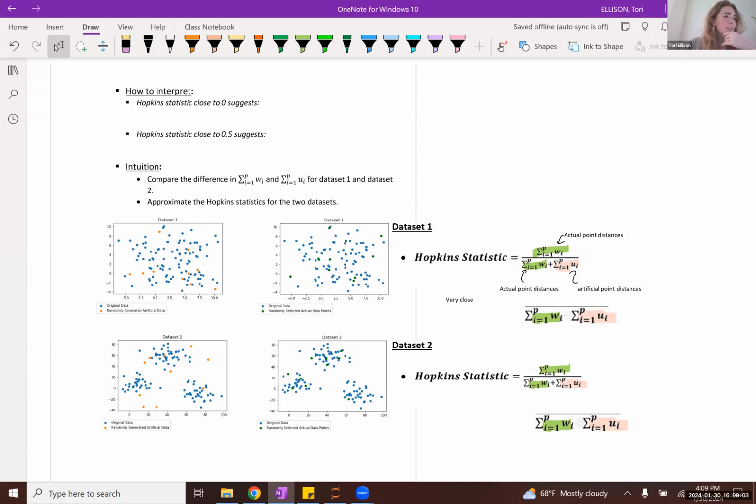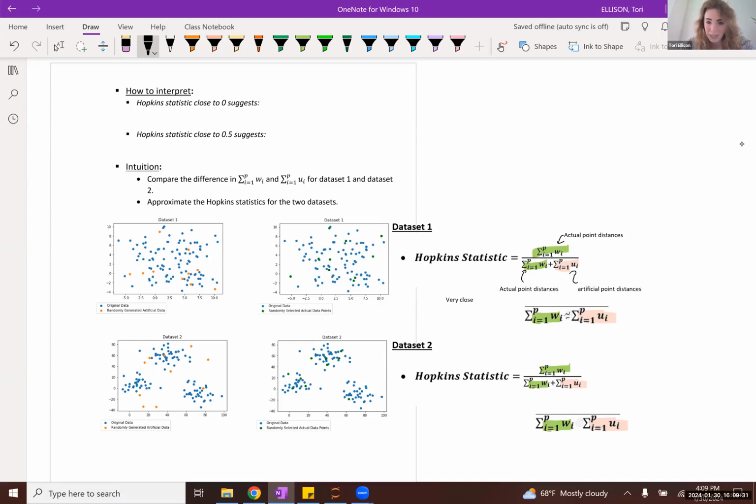Close. Yeah. We can see visually with our eyes that this data set is not clusterable. There are no distinct groupings of points. And so the sum of the actual point distances, the WIs, is going to look very close to the sum of the artificial point distances.